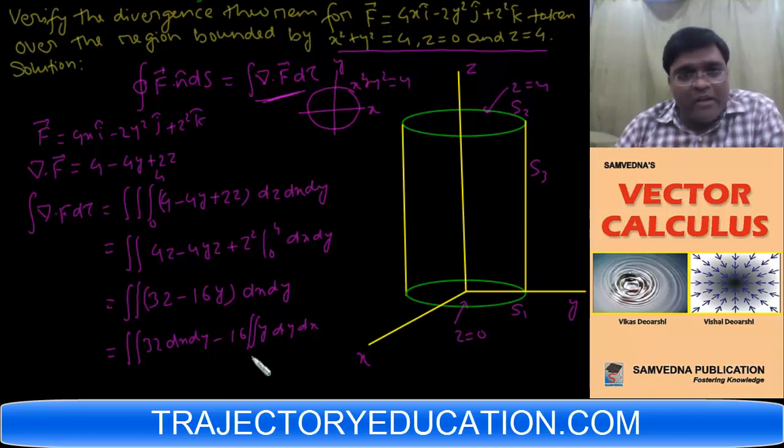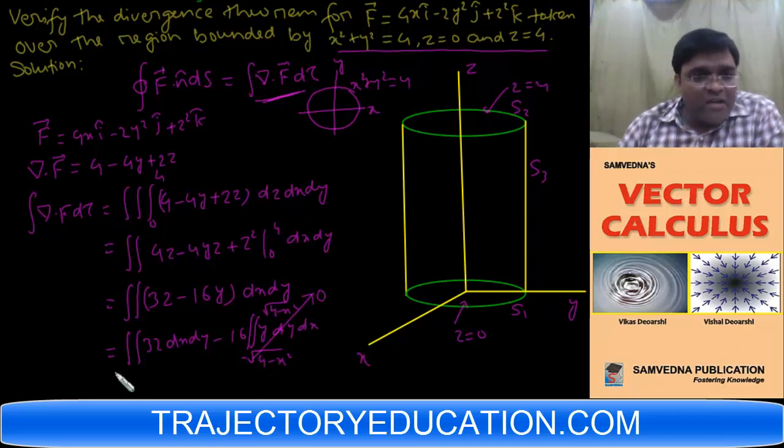The limit of y will be from minus root of 4 minus x square to plus root of 4 minus x square. Since y is an odd function, with limits from minus a to plus a, this goes to 0 by the property of the definite integral.